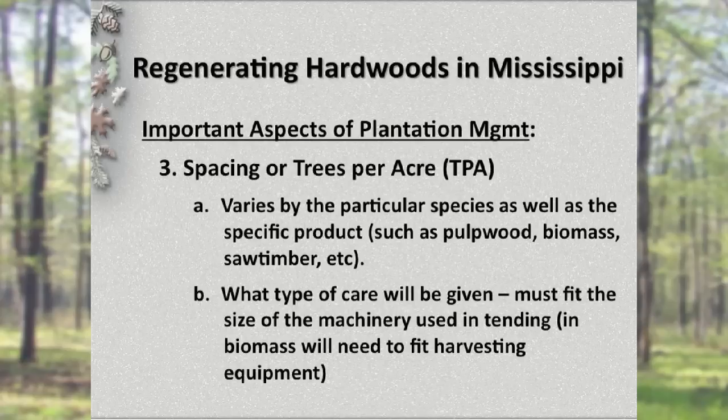Also, the type of care will vary by the species that you're growing and the product you're growing. If I'm growing, say, cottonwood for pulpwood, then we have to have the machinery that can tend to those particular situations so that the trees do not become slowed in their growth rates from the actual competition of both vines or herbaceous competition.